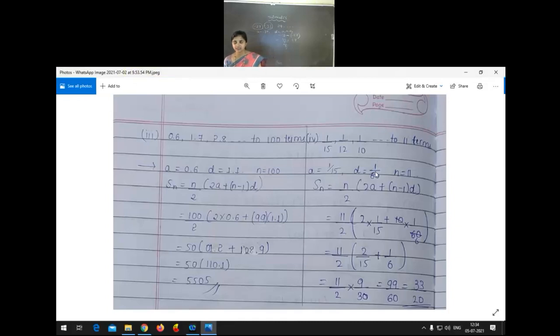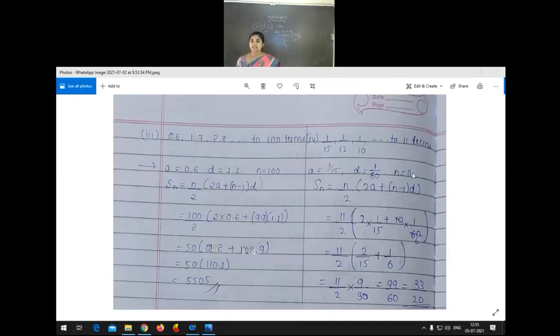Everybody got the same answer, students? Is there any different answer from your side? Same answer? Okay. So then n is equal to 11.